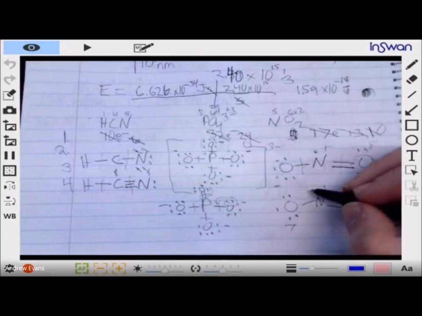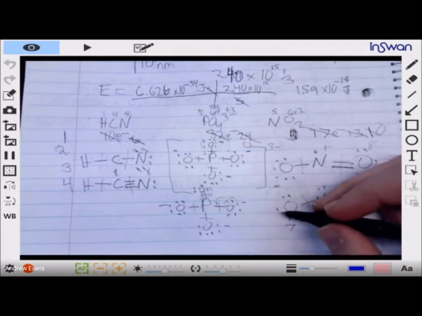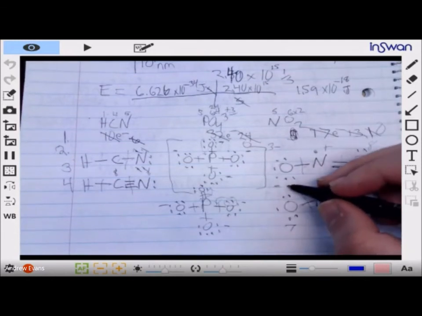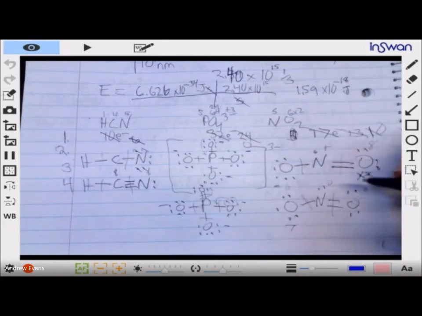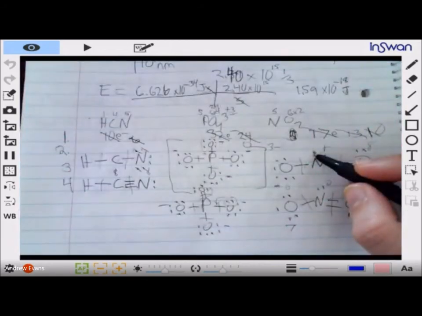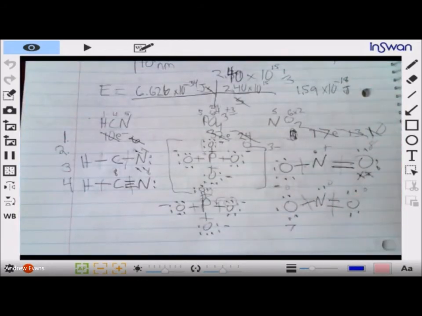In this case, 1, 2, 3, 4, 5, 6. This has 0 formal charge, this has 0 formal charge, and this has 0 formal charge. There's 2 different ways to draw that, with a radical here or the radical there. Either one would be valid. But the idea is there will be a radical because of that. And there should be a double bond.